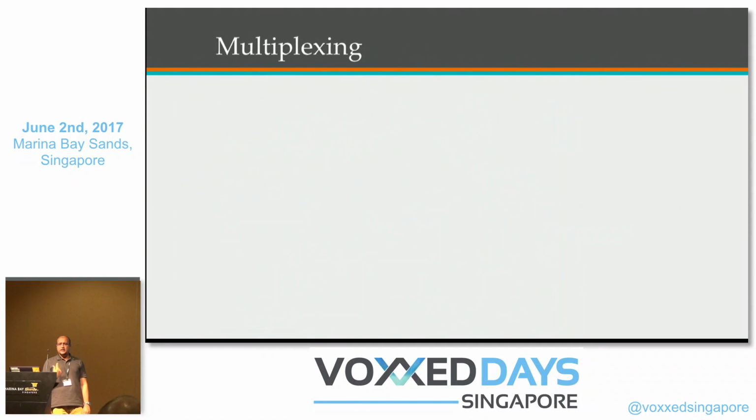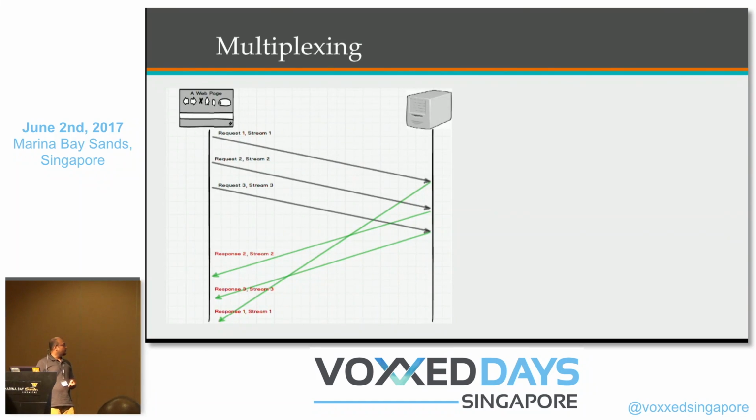So HTTP 2 addresses this issue by introducing multiplexing. Instead of having multiple connections, you have a single connection per origin, and requests and responses are handled asynchronously. Let me give you an example.